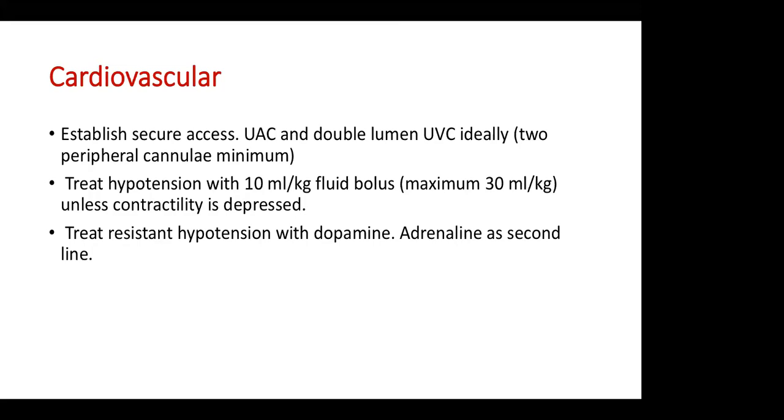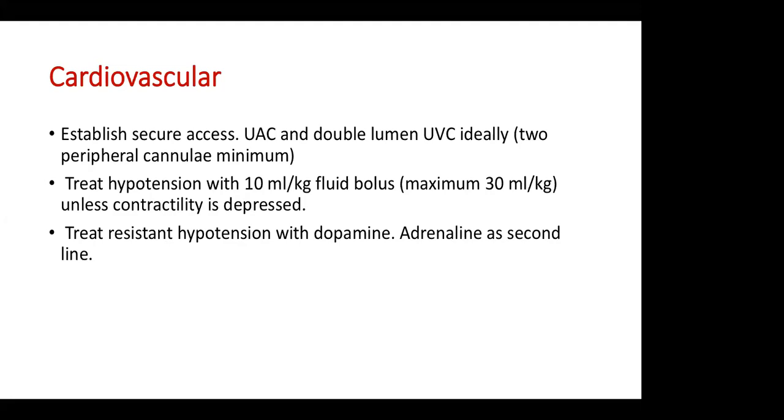Treat hypotension with fluid, maximum of 30 ml per kg, except if the patient has contractility problems. If there is a heart failure or cardiomyopathy, they might not tolerate high boluses, so you have to be careful in those type of patients. But usually most of the cardiac lesions, especially those blue patients, blue babies, tolerate high volume boluses.